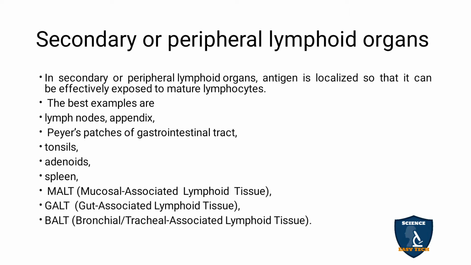The best examples of secondary or peripheral lymphoidal organs are lymph nodes, appendix, Peyer's patches of the gastrointestinal tract, tonsils, adenoids, spleen, MALT, mucus associated lymphoidal tissue, GALT, gut associated lymphoidal tissue, and BALT, that is bronchial or trachea associated lymphoidal tissue.